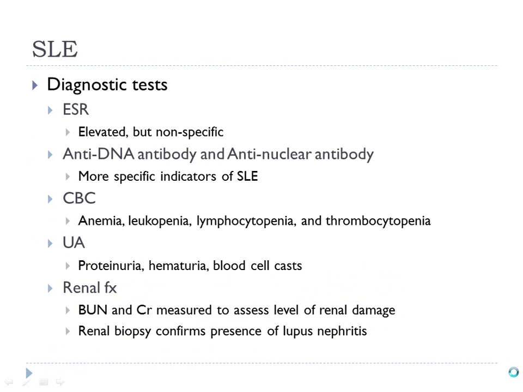This is also similar to the diagnosis of rheumatoid arthritis, so our inflammatory markers. With lupus, we also measure the ANA, anti-nuclear antibody, and the anti-DNA antibody. These are specific indicators. They are somewhat sensitive, but they don't always show up when a person has lupus, just like rheumatoid factors aren't always positive with rheumatoid arthritis.